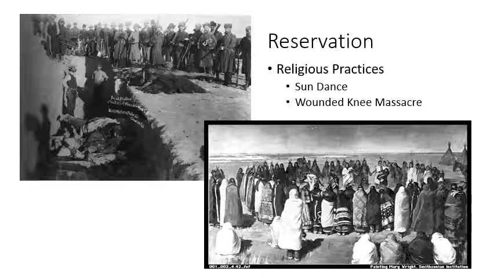In 1890, the United States Army would actually use artillery and kill at least 200 Sioux men, women, and children at Wounded Knee, specifically over suppressing the Ghost Dance religion. This comes to be known as the Wounded Knee Massacre.